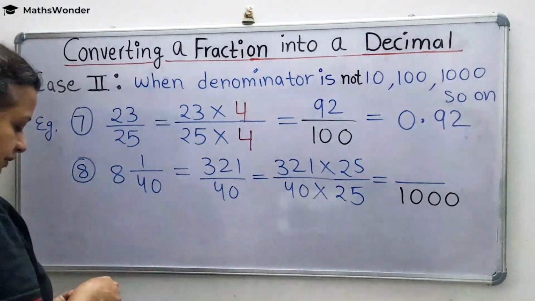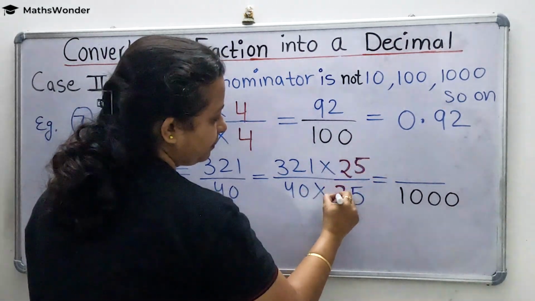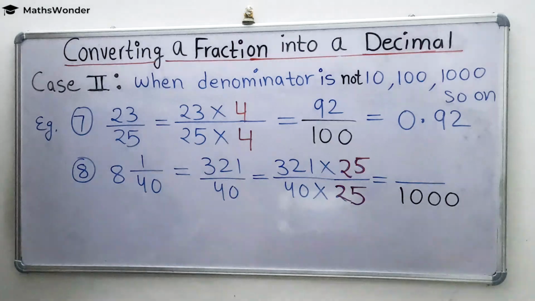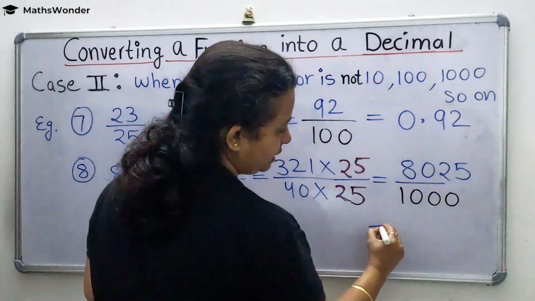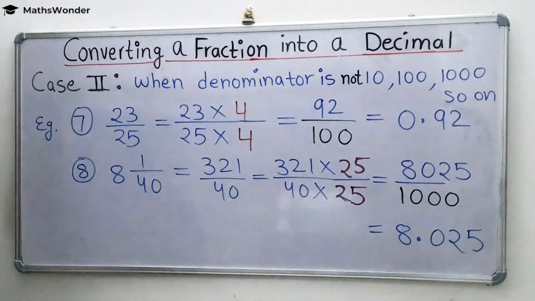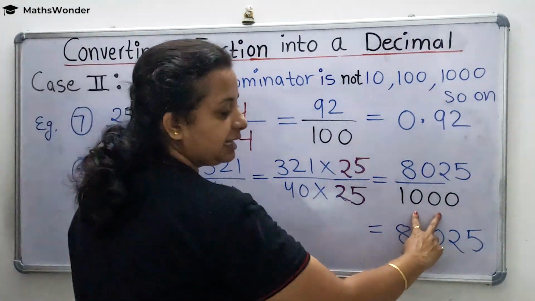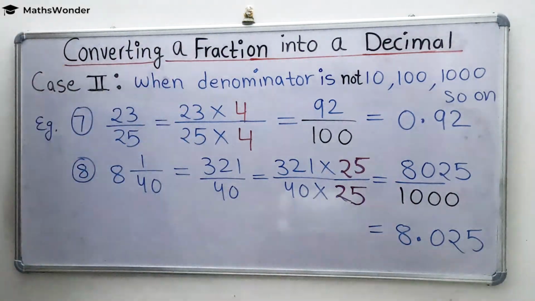So 25. Now 321 times 25 will be 8025. Now you know how to convert it: 8.025, because we can directly convert. Here there are 3 zeros, so 3 digits you will write after the decimal point and the rest will be the whole number.